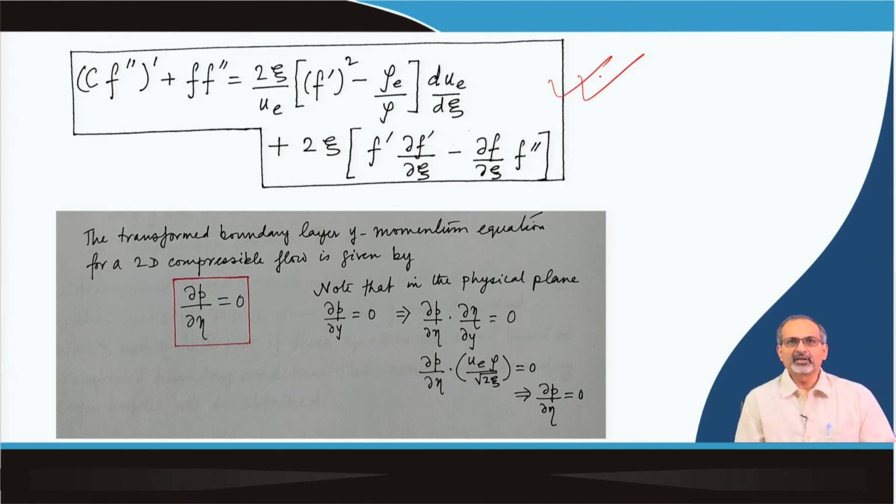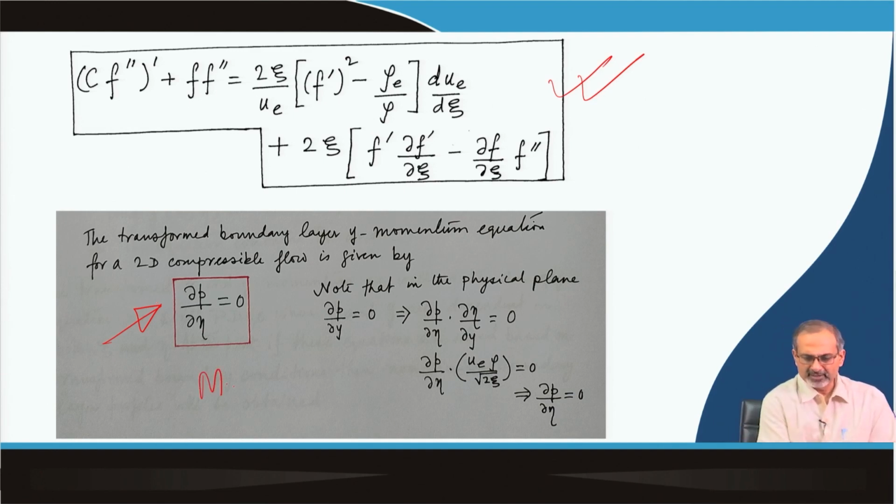The transformed boundary layer y momentum equation for 2D compressible flow is very simple. This we are familiar with, that it will be simple. Again, recalling that M infinity is not too high, only under such a condition this is valid.